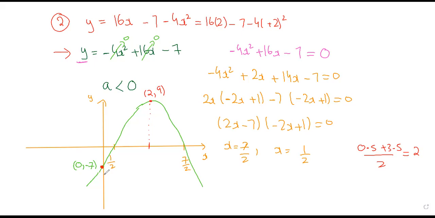I know on the y-axis, x is 0. So I will plug in x equals 0 here. When I plug in x equals 0, this would become 0, this would become 0, and I would be left with -7 only. So the coordinates would be 0 and -7. That is why we did this step.